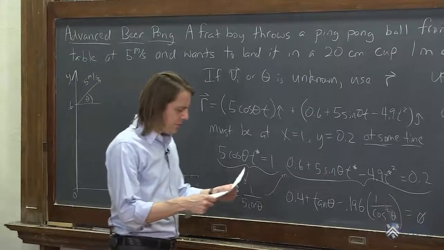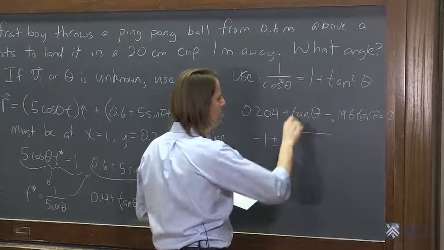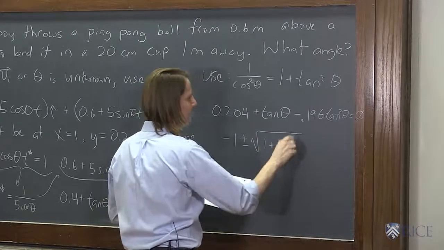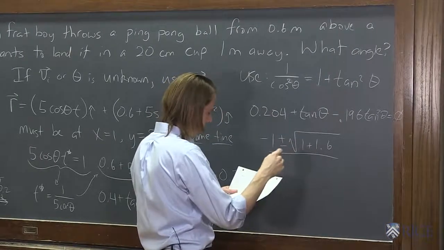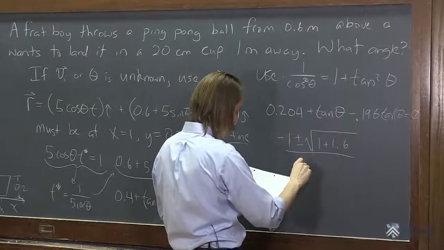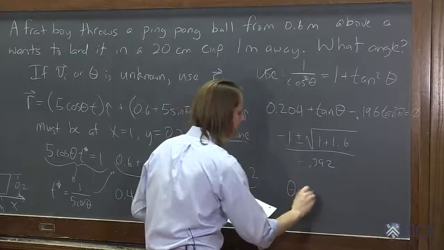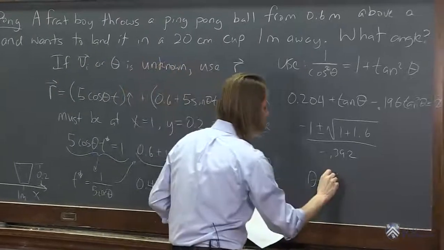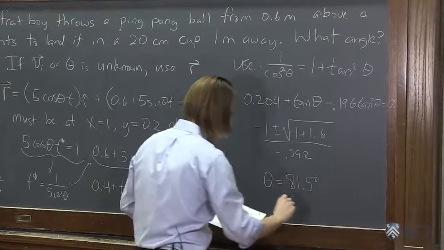And what you'll get if you do that, minus b plus or minus the square root of b squared minus 4ac over 2a, whatever it is, is what you're going to get. Theta, of course, has two values, right? There's a plus or minus in here, so you get that theta equals either 81.5 degrees or it equals negative 57 degrees.